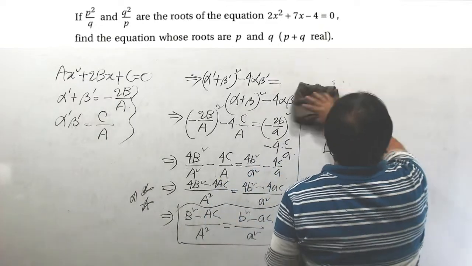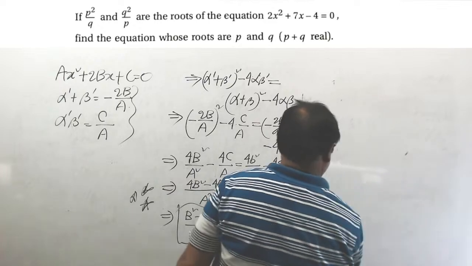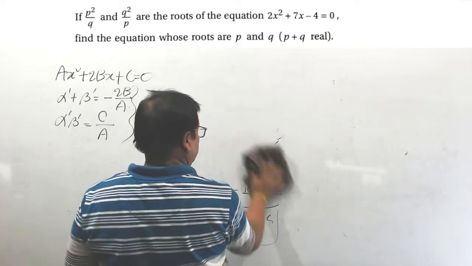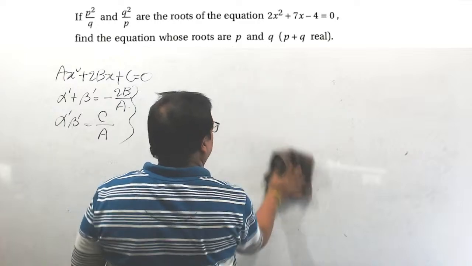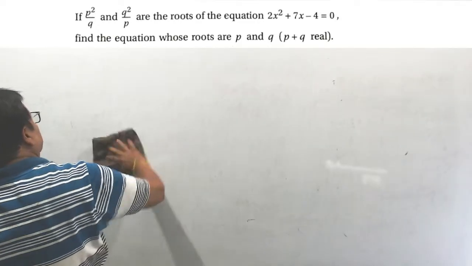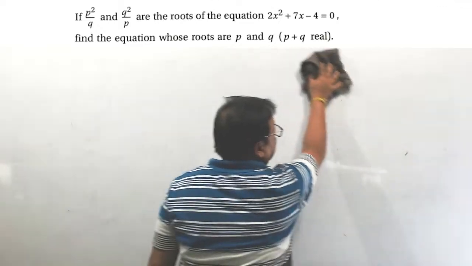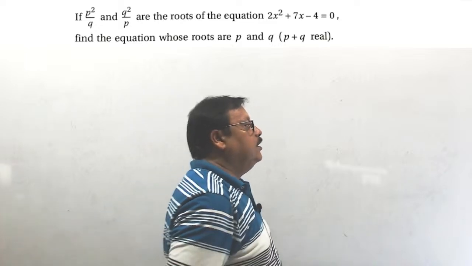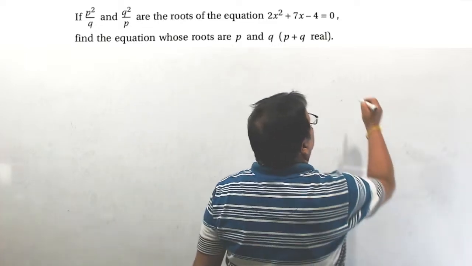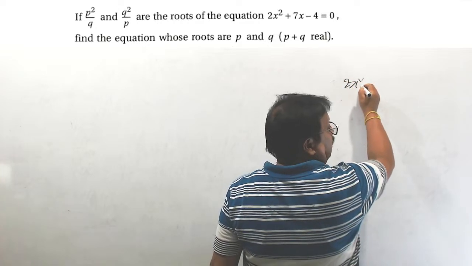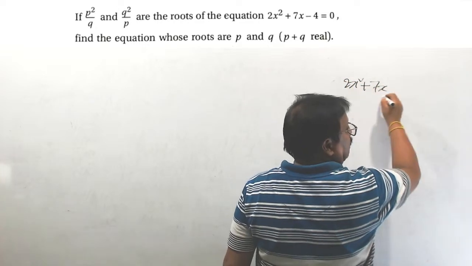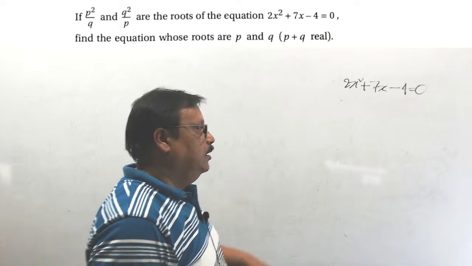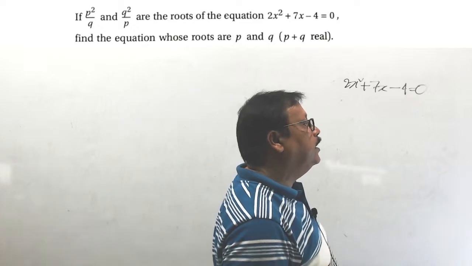Okay. Let us start. How will you do? What is the equation? 2x square plus 7x minus 4 equals 0. This is the equation. p square by q and q square by p are the roots of this equation.